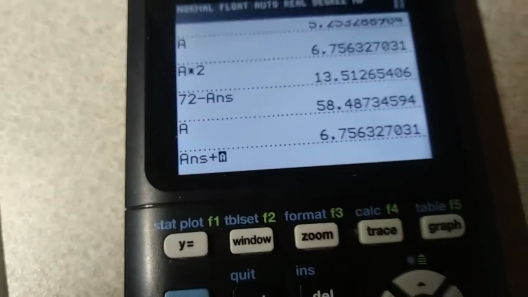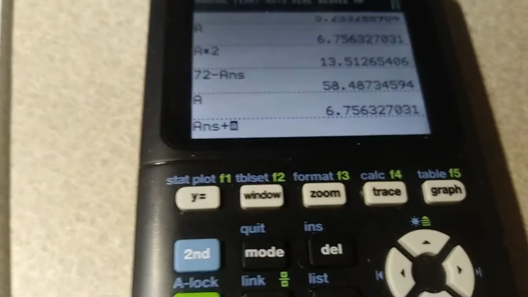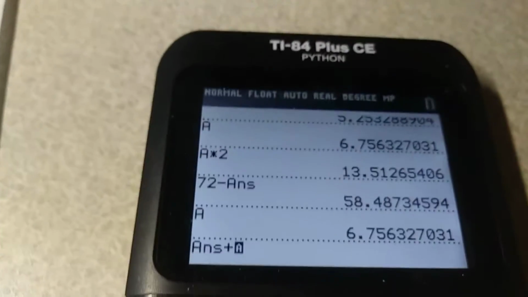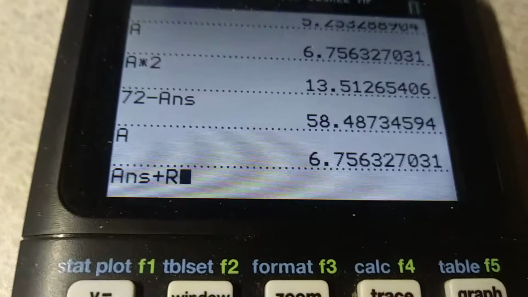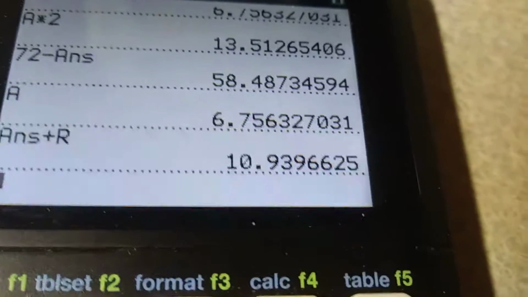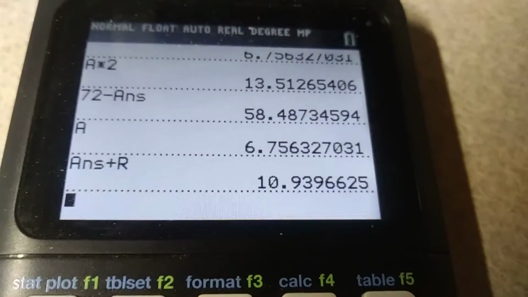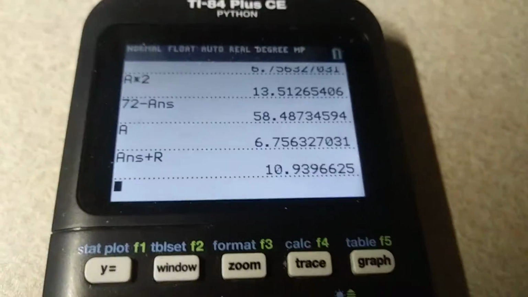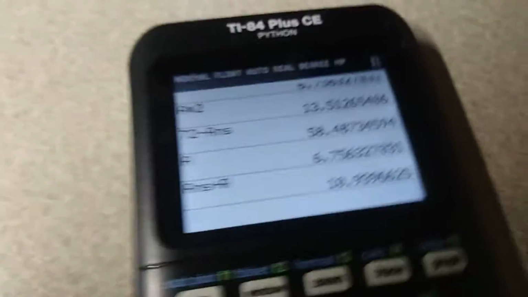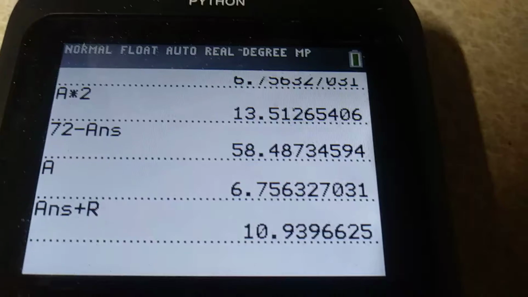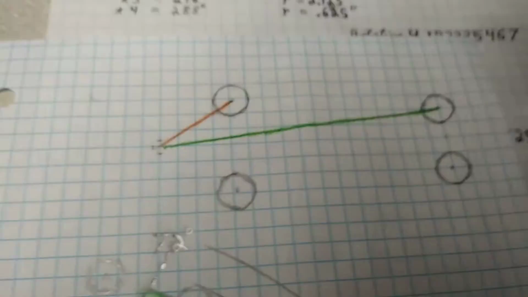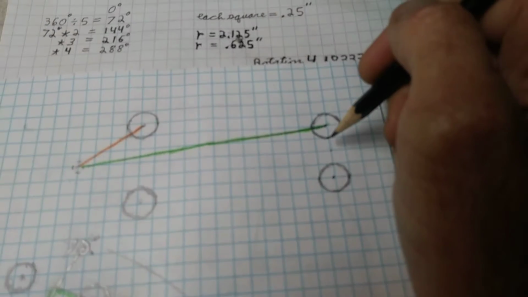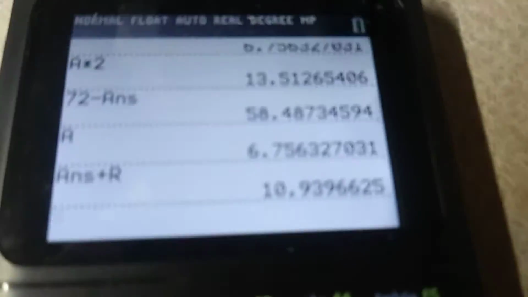I have the rotation stored in R. If I can find it, there we go. Answer plus R. So now that's the longer one I just added. Yeah, A plus R, that's this one. So now we know how many degrees it's going to be at after our rotation.